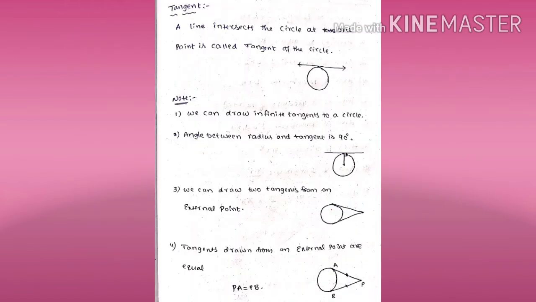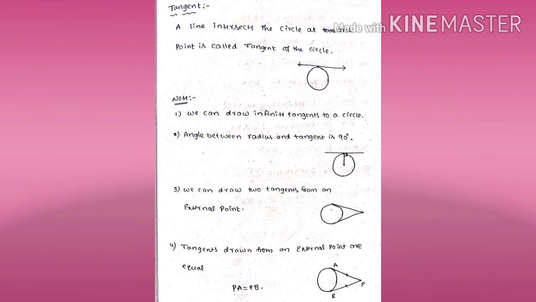Well, the next chapter 9, tangents and secants to a circle. A line that intersects a circle at one point is called a tangent to a circle. That is the first definition. Using that, we have some note points we have to understand to solve the problems. Point number 1, we can draw infinite tangents to a circle.